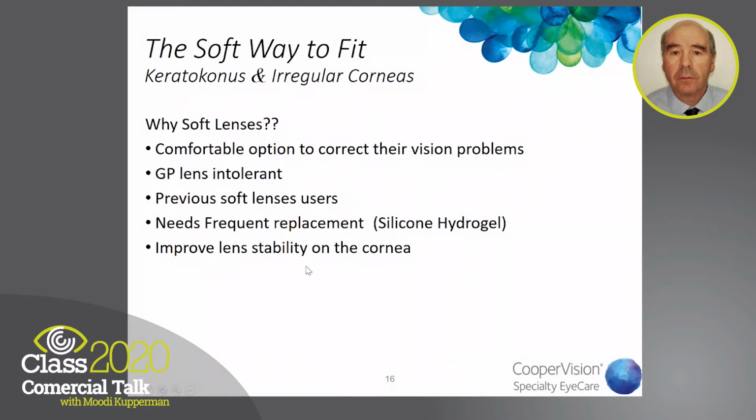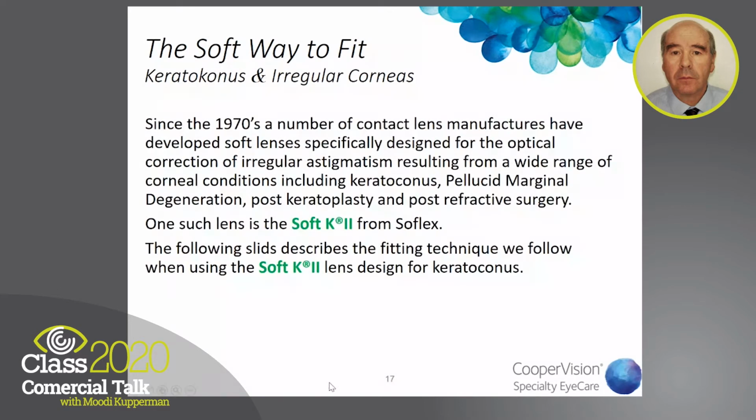And improve lens stability on the cornea, because when he has GP lenses, he loses his lenses every other day. So he needs something that will be stabilized on his cornea, and he can be with the lenses for a year or 3 months, depending on the type of the lens, not to replace it every 2 weeks.